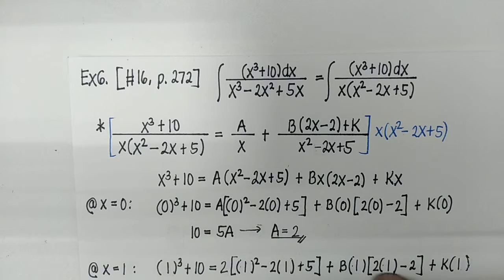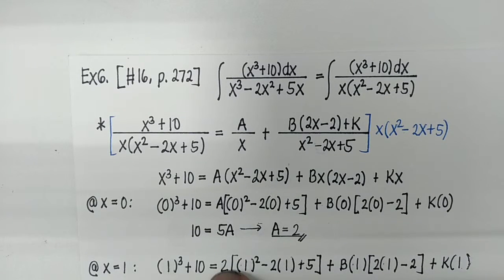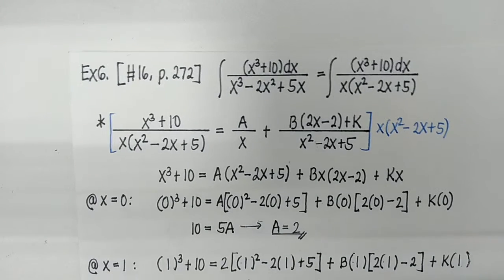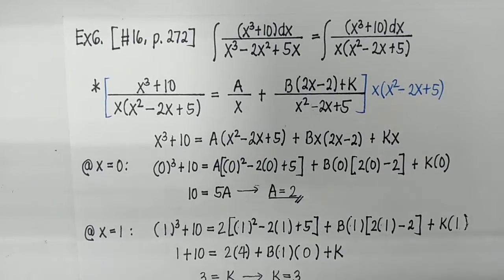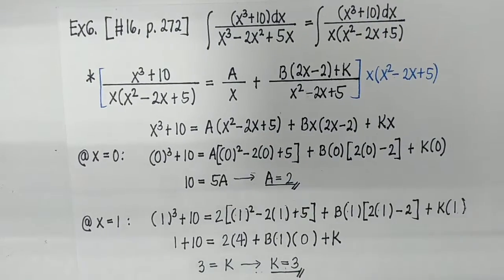Again, we note the B term disappears. And as for the A term, which is already computed, we put it in here, so A is equal to 2. So with that, we can now compute the value of K, and our K is now equal to 3.